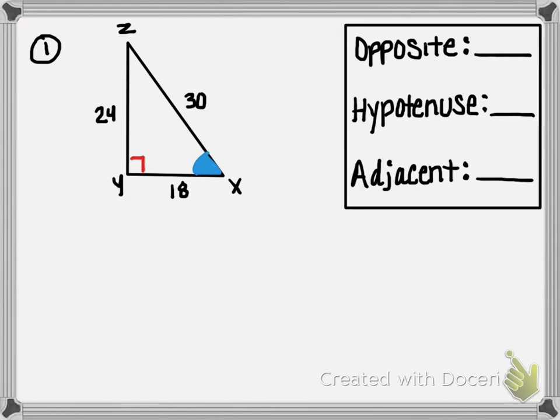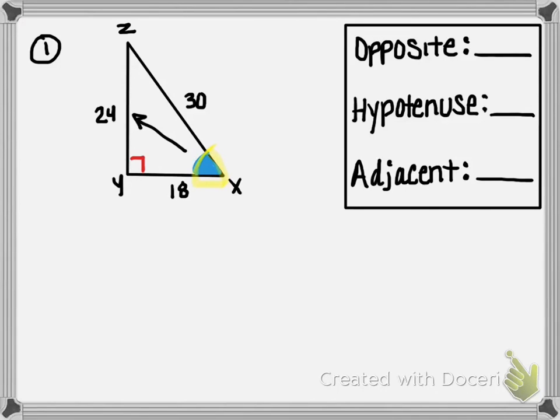So let's do problem number 1 together. Again, I gave you that angle. I'm just going to highlight it so that you know I'm talking about this angle up here. So this guy is where we're focusing on. Based on that blue angle, we're going to start by talking about the opposite side. Opposite means across from. Well, across from that blue angle is side 24. It's on the other side.